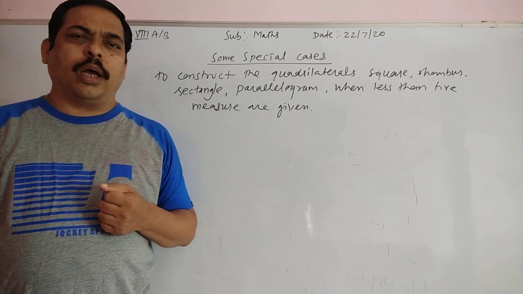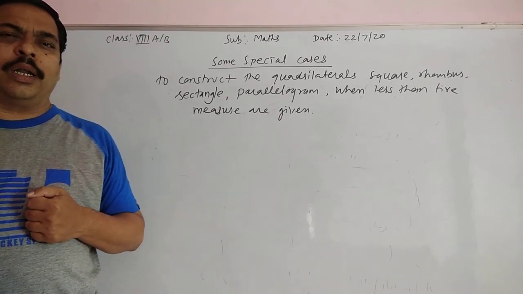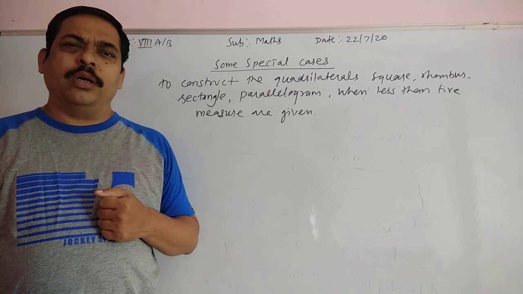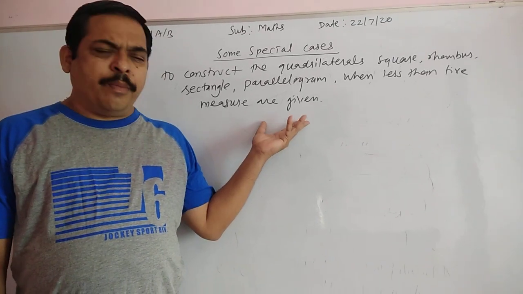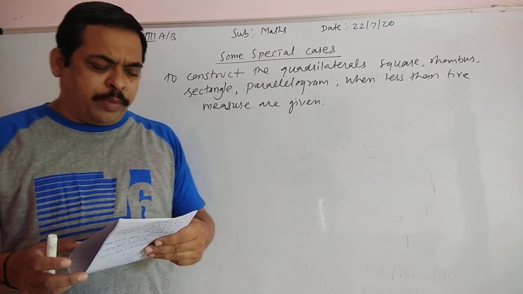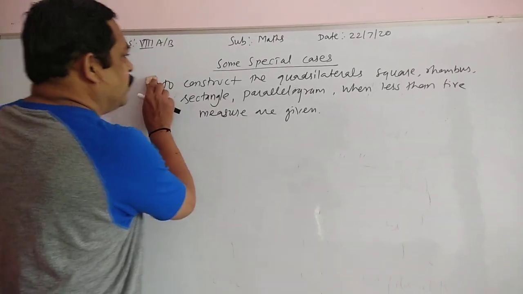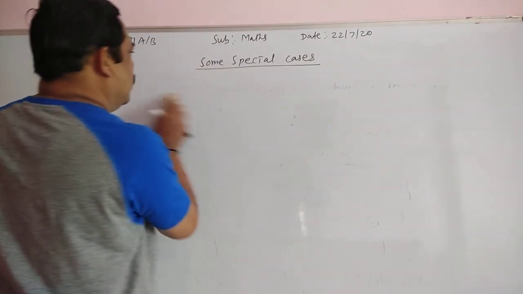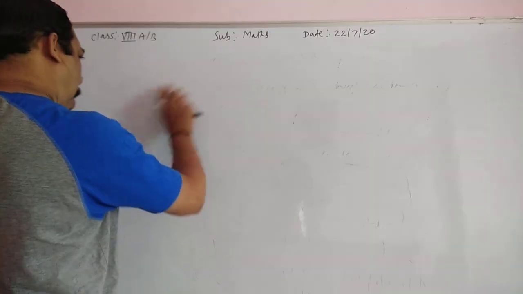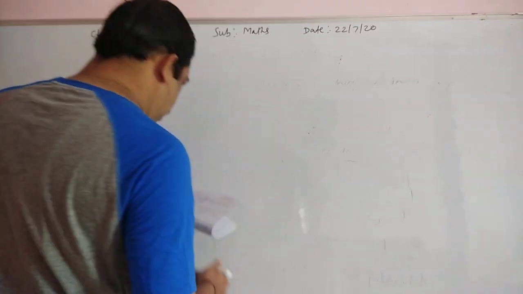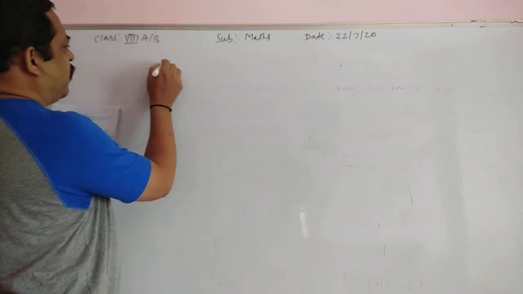We also know that each and every angle of a square is of 90 degree measure. By using those measures, you have to draw the given type of quadrilateral. Here first we draw the square.